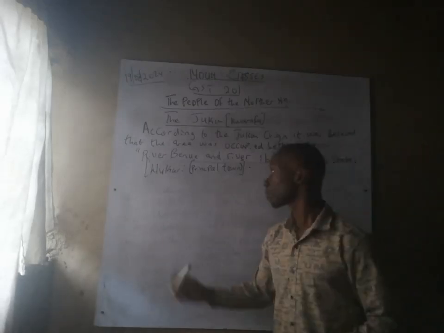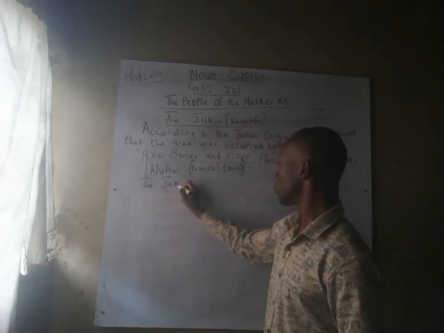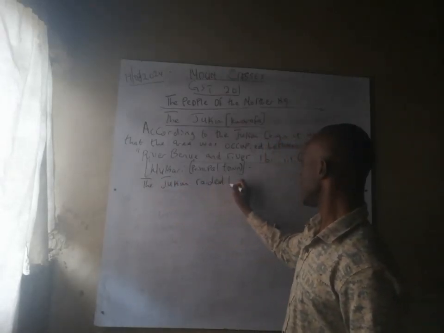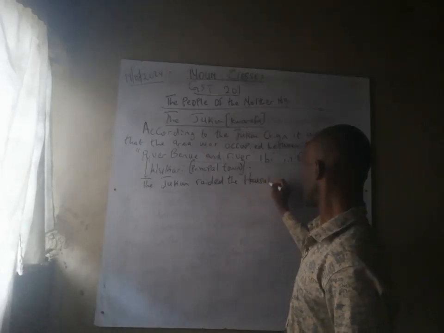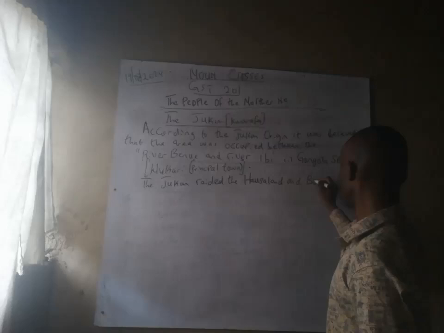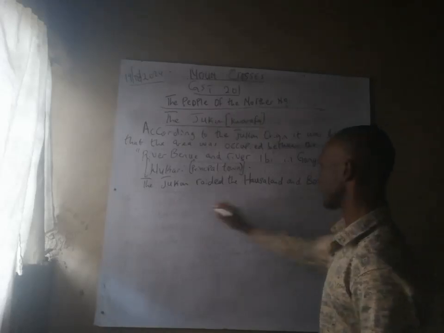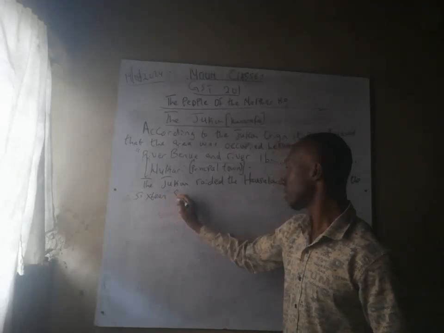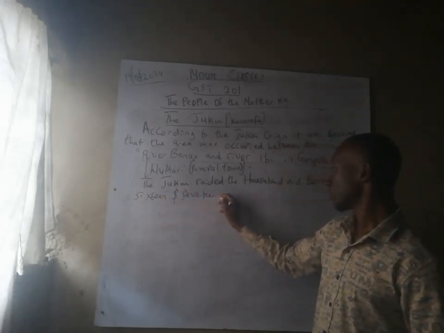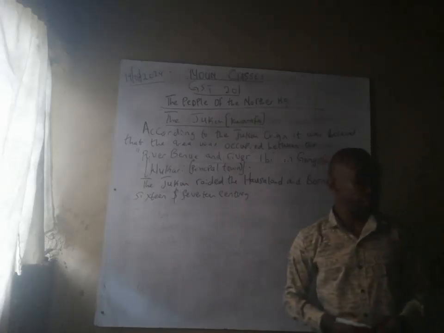Going further, using the Akano principles, the Jukun raided the Hausa land and the Kanem Borno in the 16th and 17th centuries, before their final existence.